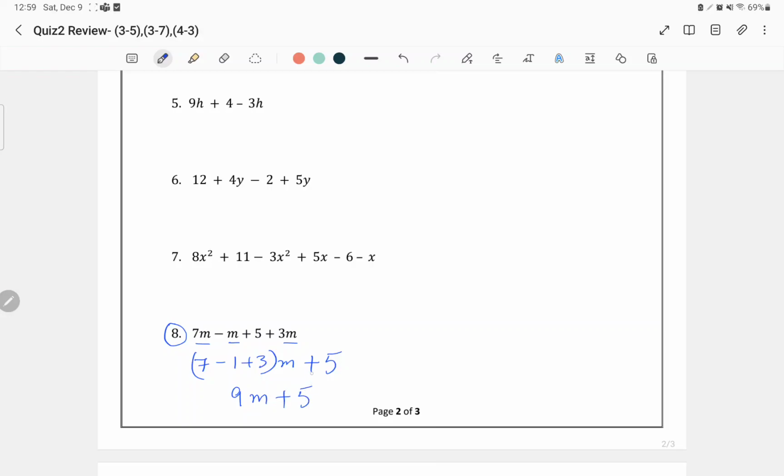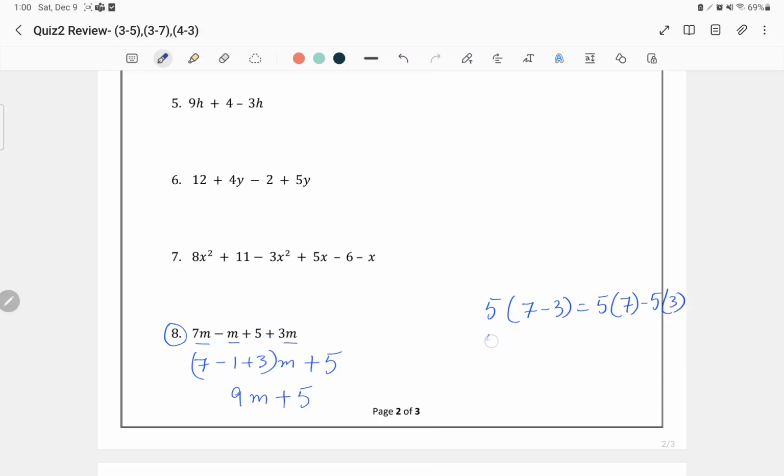Boys, let me show you once again what the distributive property of multiplication is. It says that if you are multiplying 5 times 7 minus 3, then this is the same as 5 times 7 minus 5 times 3.